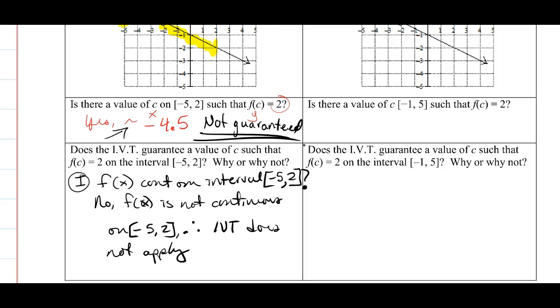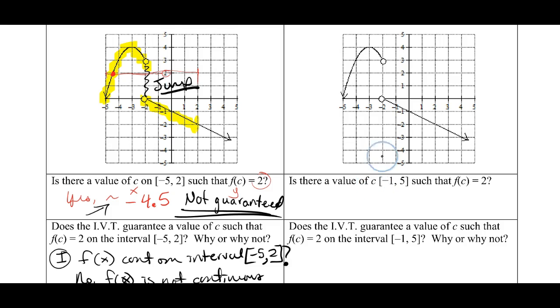Buyer beware. Looking at this graph again on the right, we are given a different domain of values from -1 to 5. Here's my -1. Here's my 5. It's a little bit off on this graph, but we can assume due to the arrow that this would continue on past the end of the graph.